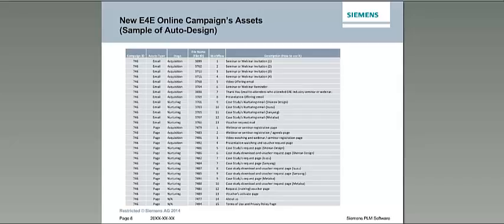It's just an overview to see the number, like 13 emails and 15 pages for every campaign we have available and set up. And like Jurgen already explained, you don't have to do anything about creating or setting up these assets, because this is part of the service box.